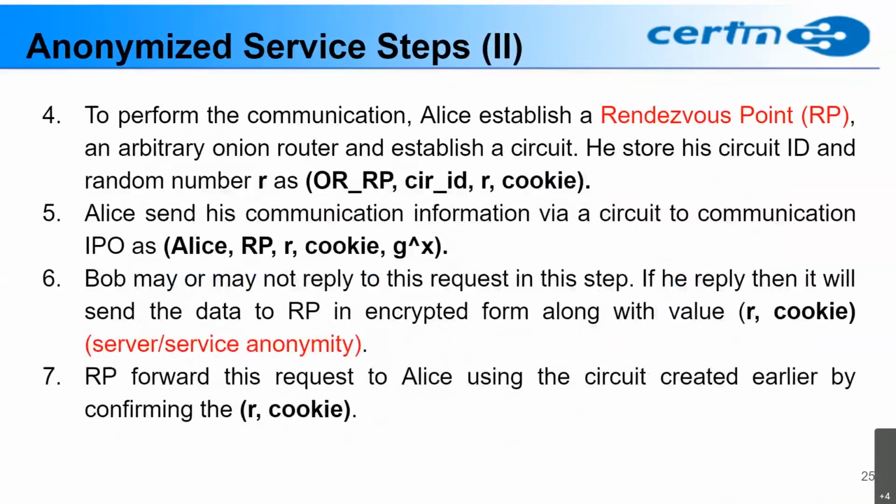Now, after creating the RP, the sender starts establishing communication with the IPO. During this communication, he will send: this is my RP point, this is my random number, this is my cookie, and a key negotiation Diffie-Hellman key exchange value g to the power x.